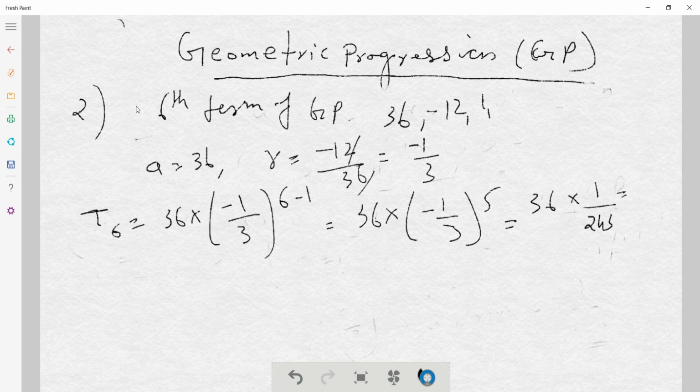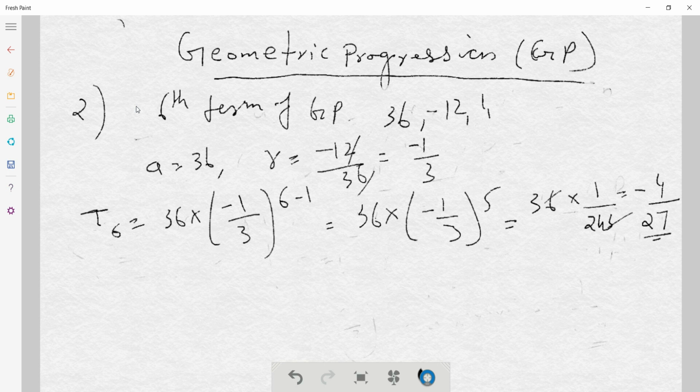It will become minus 4 over 27. Okay, I hope that's correct.